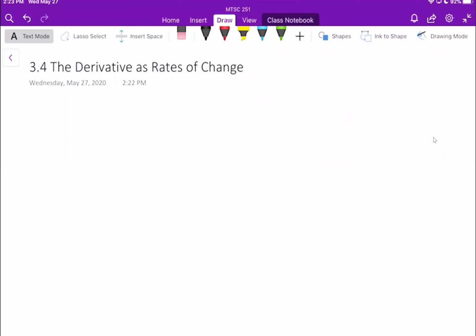In this section, we're looking at the derivative as rates of change. First problem.